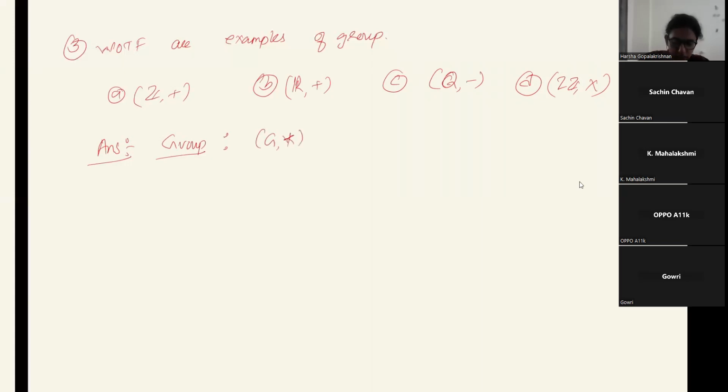Associativity. First of all, it should be closure. Closure property, associative property.